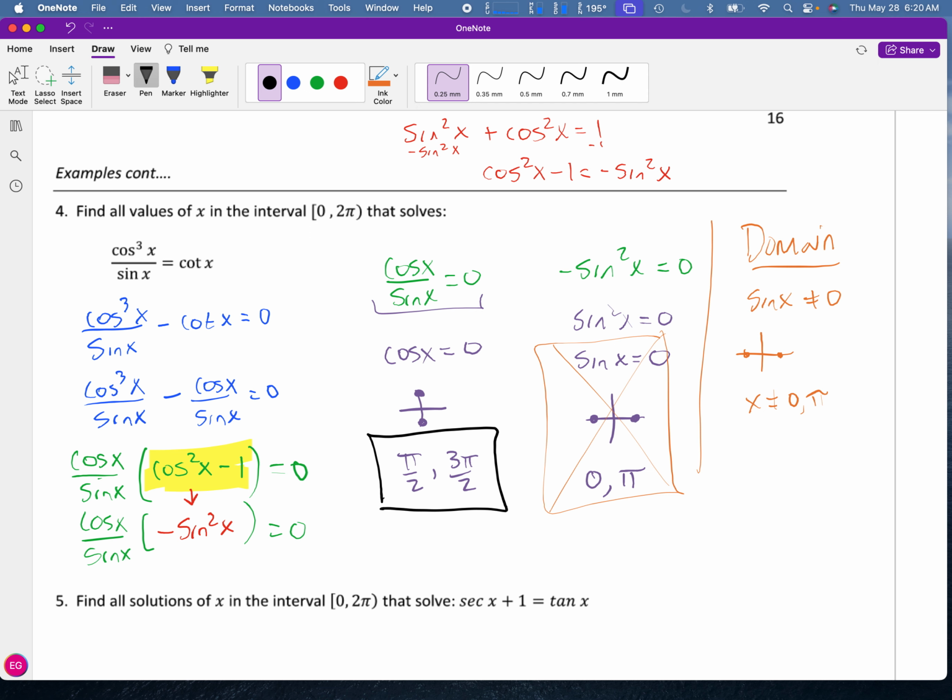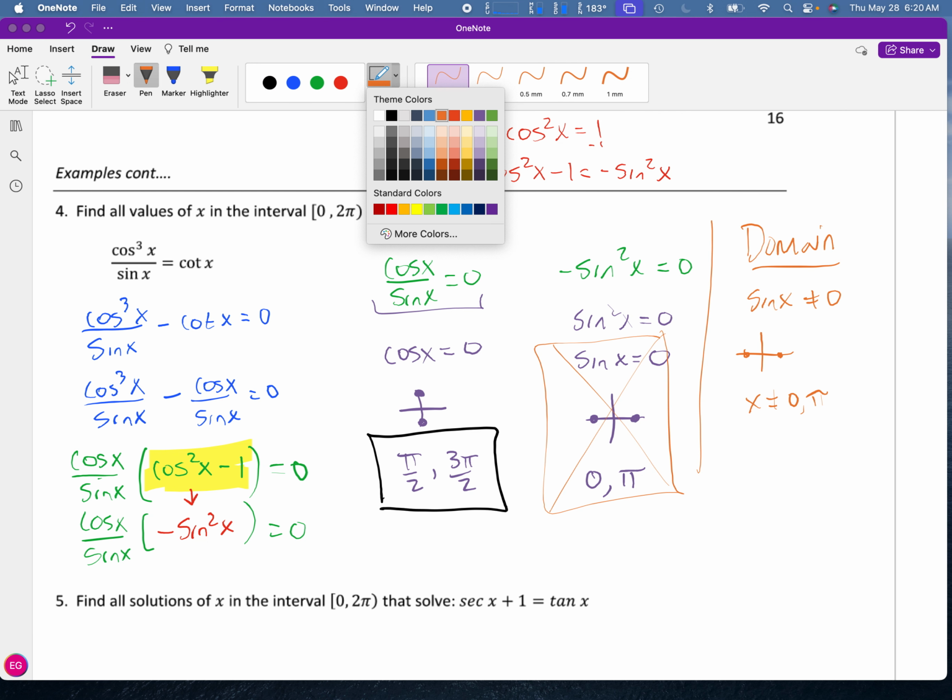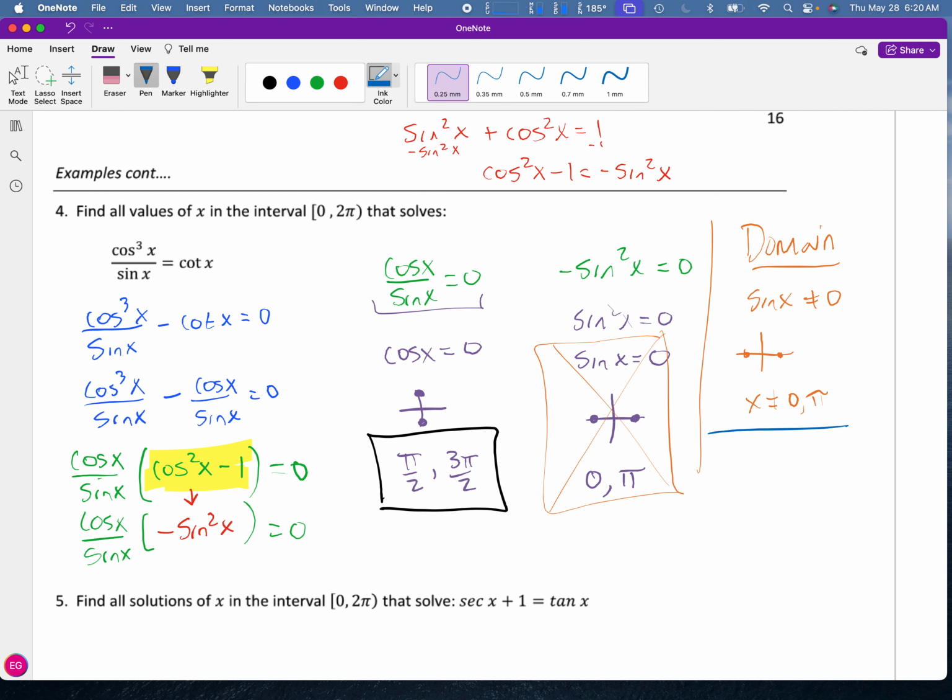So we still have to pay attention to domain restrictions, and we have to be extra careful because this part you're not going to like, so I'm sorry in advance here. Let me get a good color here. You have to pay attention because tangent is technically a fraction, cotan is technically a fraction, cosecant is technically a fraction, and secant is technically a fraction. So for tangent and secant, they both have cosine on the bottom.